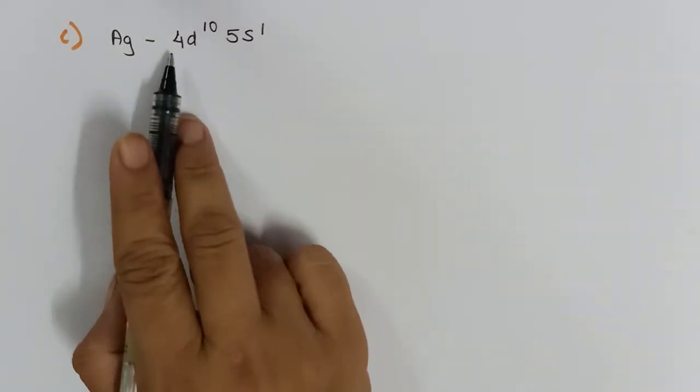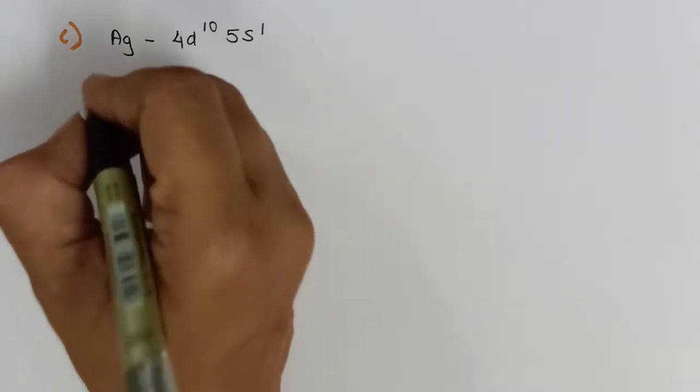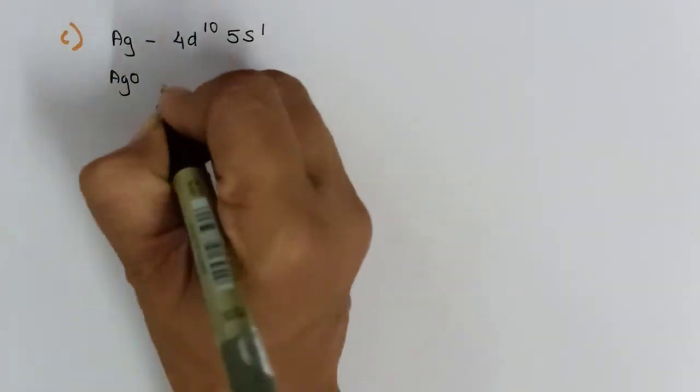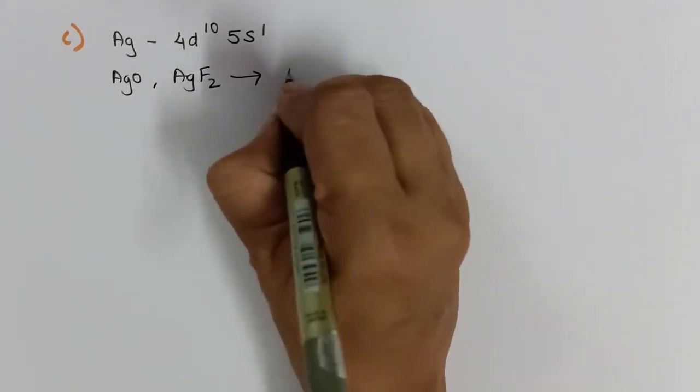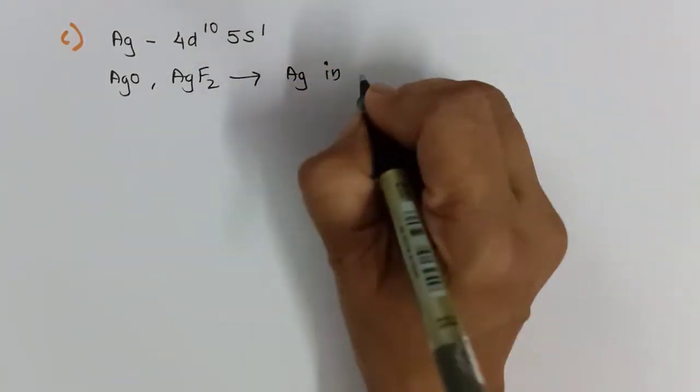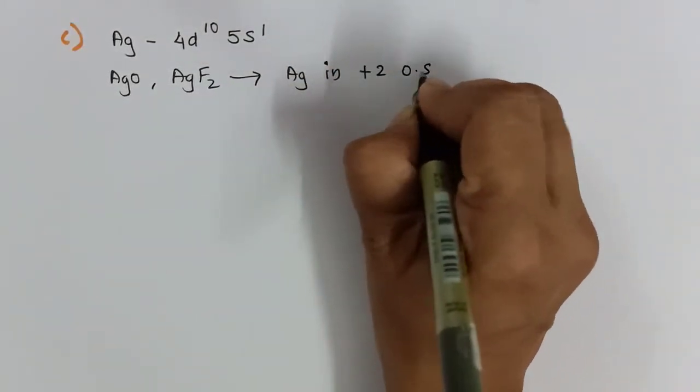Next exception is of silver. Silver shows electronic configuration 4d10 5s1. Now d orbital is completely filled. Actually it should not be a transition element, but if we consider the compounds like silver oxide, silver fluoride, in these compounds silver is in +2 oxidation state.